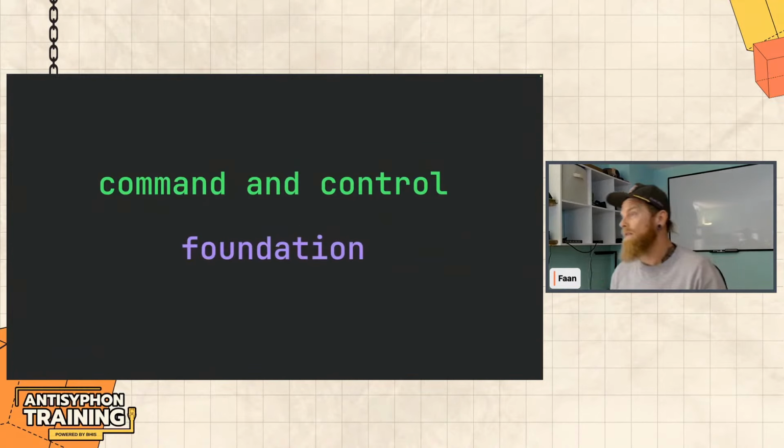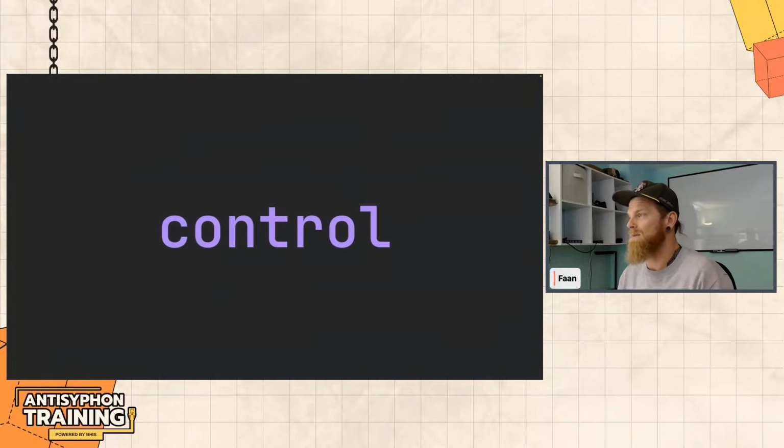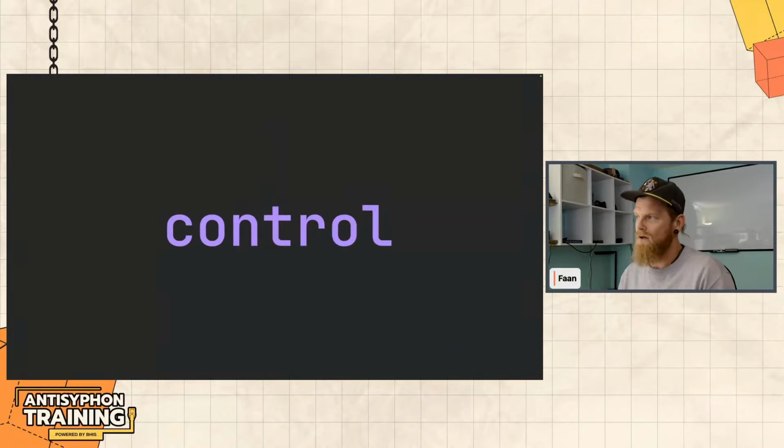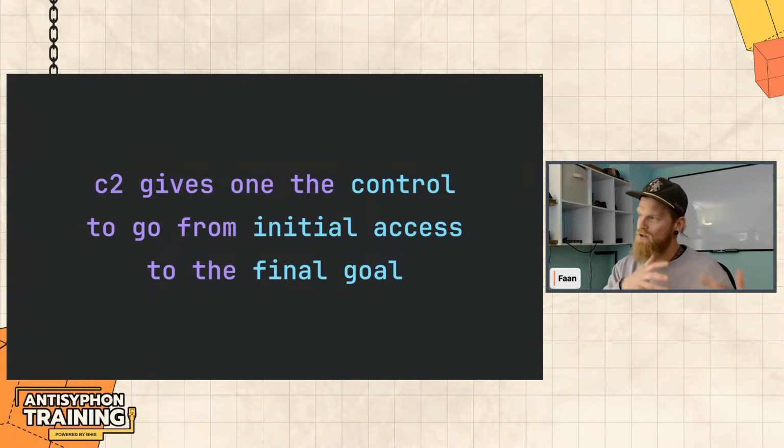And so the right way to think about command and control then is, like I already mentioned, the foundation. And that's because this is all about control. It's giving you the control. What control? Well, back to what I just said about initial access. You have some control, but not necessarily enough control. So that extra conceptual control you need, well, that is typically provided by C2.